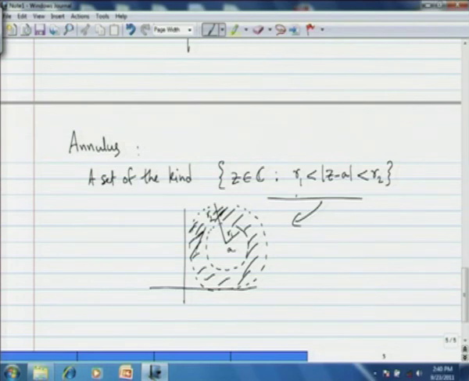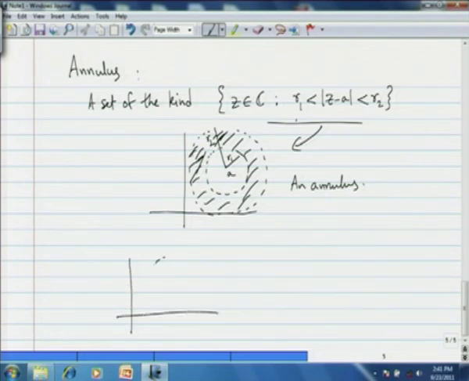Such a region is called an annulus. So, there are 3 parameters for an annulus: the center of the annulus, the inner radius and the outer radius.